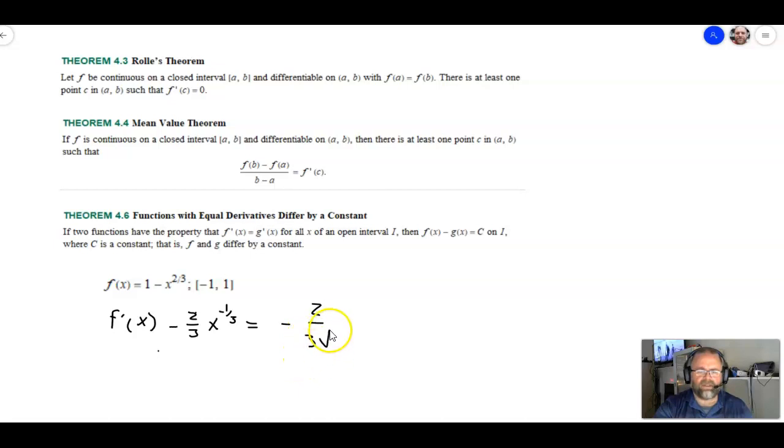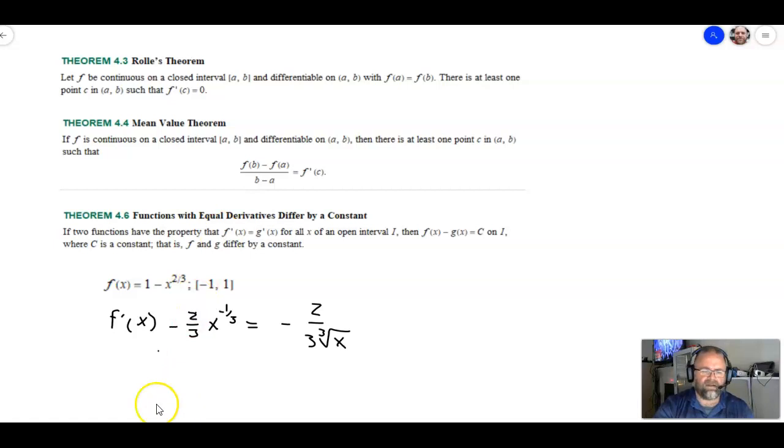X to the 1/3 is the cube root of x. And you can see that if we put a 0 in here for x, then we are going to get a 0 in the denominator, which is undefined. And that's why this thing is not differentiable at 0. Therefore, Rolle's theorem does not apply.